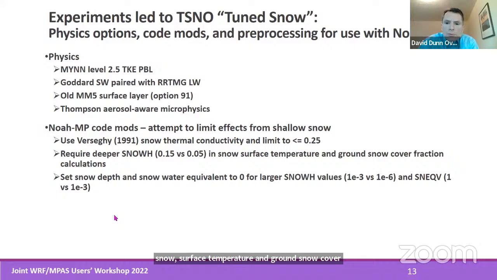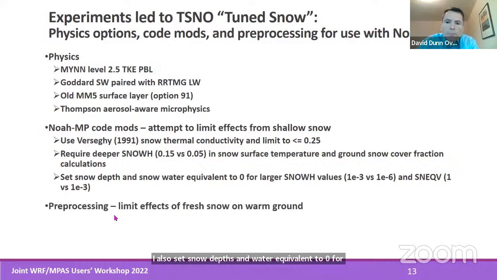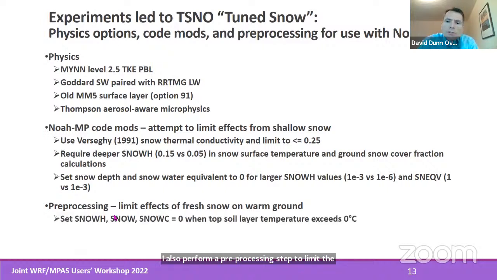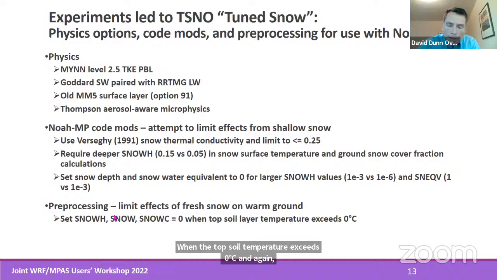I also set snow depths and water equivalent to 0 for larger values than the defaults. I also perform a pre-processing step to limit the effects of fresh snow on warm ground by setting physical snow depth, snow water equivalent, and the snow cover fraction to 0 when the topsoil temperature exceeds 0 degrees Celsius. And again, that's looking at WRF input files.